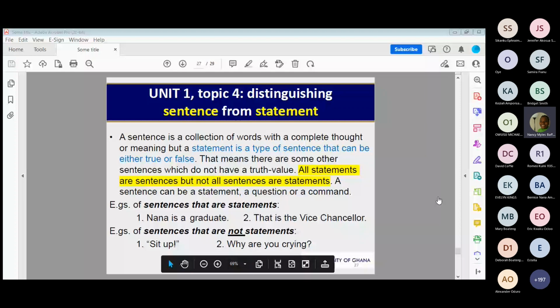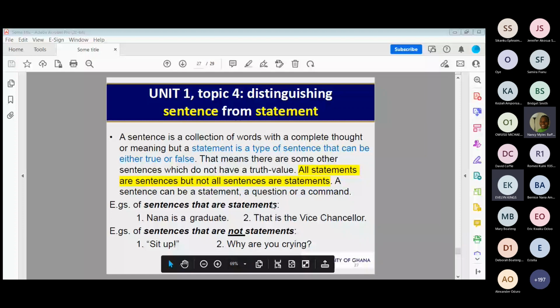Can we regard them as what? Truth bearers. No. It is not even complete. It can't bear truth. It's only declaratives that can bear truth, that have a truth value.